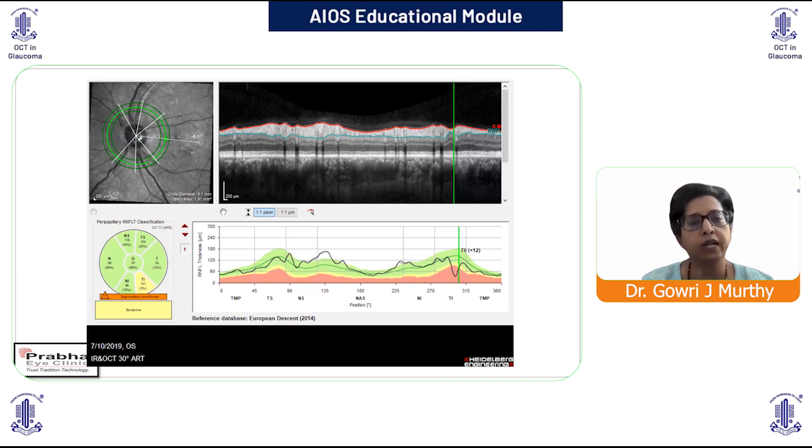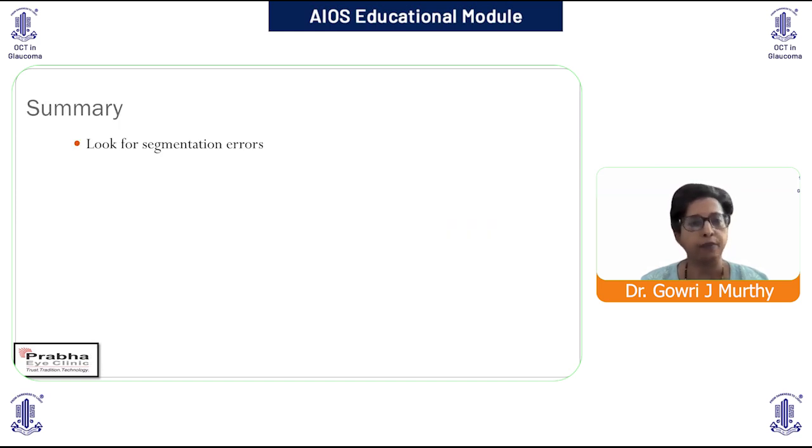And if you closely look at the TSNIT graph, if you take the second circle, you can see that actually the TSNIT graph dips into the red, where the nerve fiber layer is present. So you should go back to the machine, check the actual images, check the segmentation, and check the TSNIT graph in a magnified way. And then only one can decide whether this scan is actually normal or abnormal.